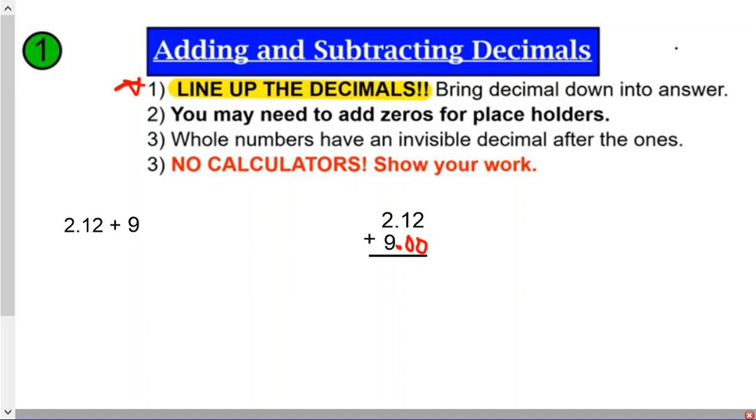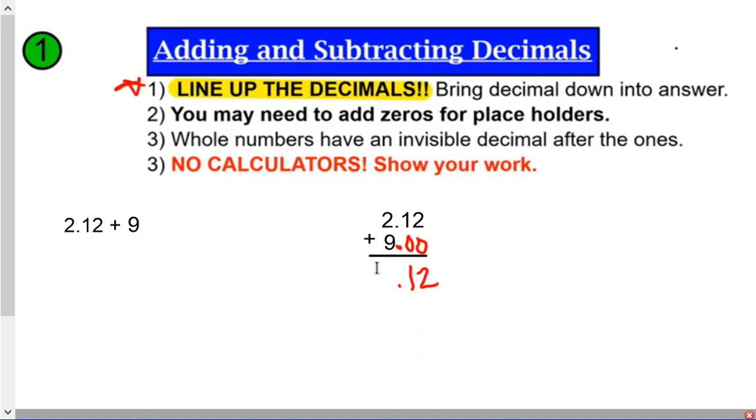When you are doing this problem, you may just think to yourself, well, 9 whole, I know that there are 2 zeros after that 9, but I don't need to worry about them. I can just bring down the numbers from the top, make sure I bring my decimal place holder down, and then you can just add the ones place.